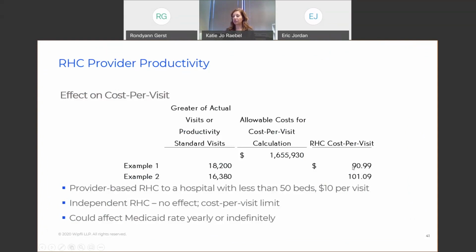So if our cost per visit is lower now than $100, productivity standards are going to be a lot more important for freestanding rural health clinics than they were before. So note that. That's almost a different discussion, but there are some changes in the COVID relief bill that got signed at the end of the year that are going to have some significant effects on rural health clinic reimbursement.